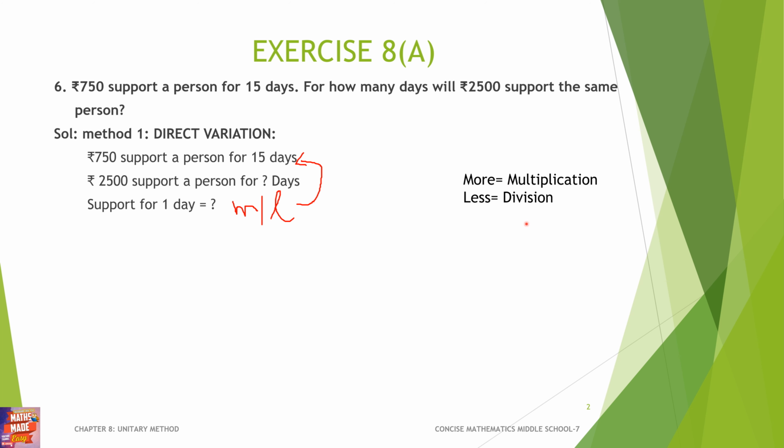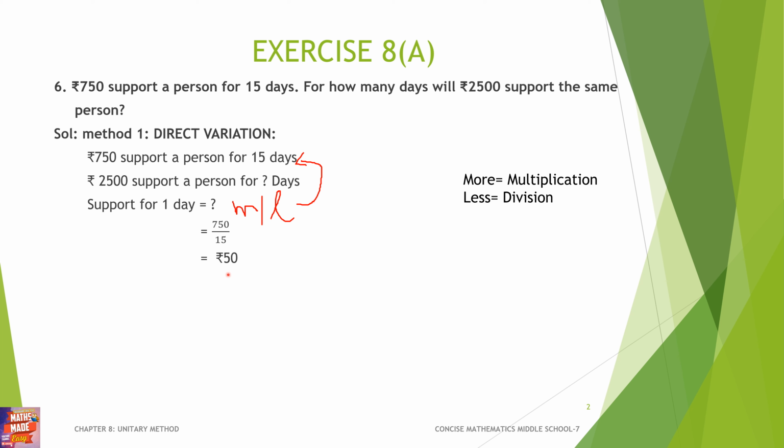Here you got less, so you have to divide. So depending on this more or less, you can easily choose which one to opt, right children? So when you divide it, you will get 50 rupees. That means for 1 day, if he has 50 rupees, he can support himself.